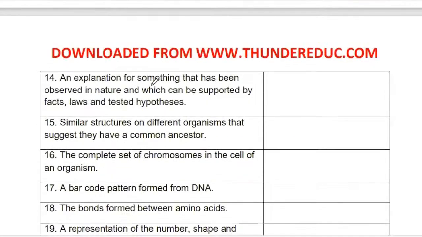Then they're saying an explanation of something that has been observed in nature and which can be supported by facts, laws, tested hypothesis, then it is a theory. Remember, when they're asking you this, it is either theory or hypothesis. If they say tested hypothesis, definitely the answer is the theory.